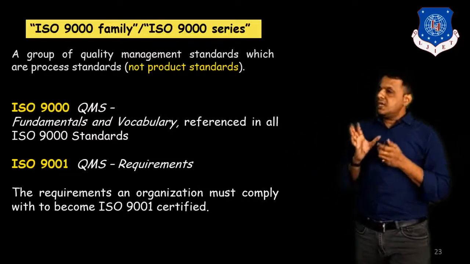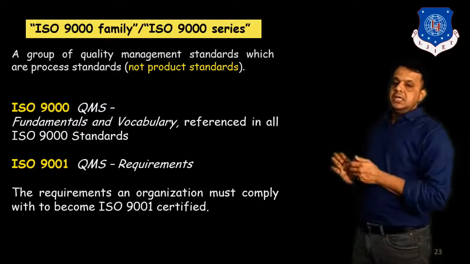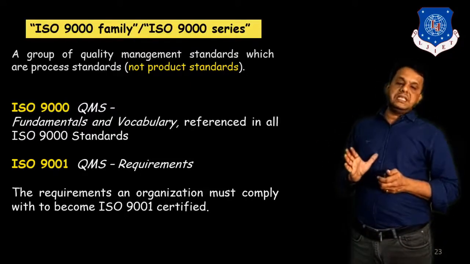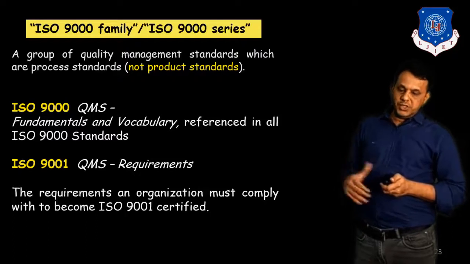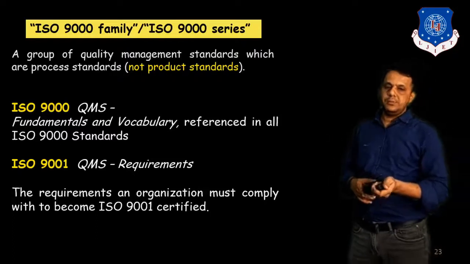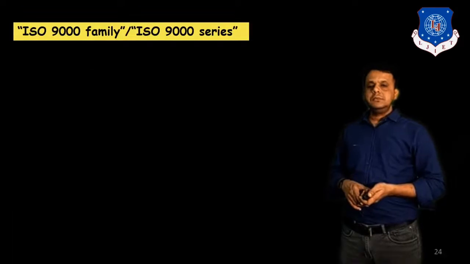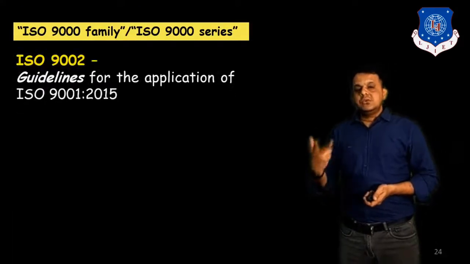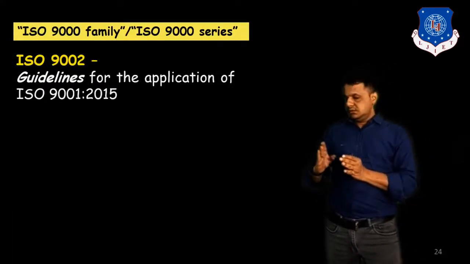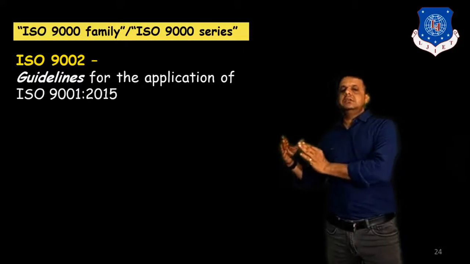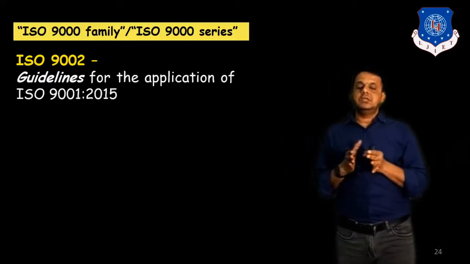So what an organization must comply with to be ISO 9001 certified. We'll talk about the certification in a later part. 9002 provides for the application of 9001. What does it provide?